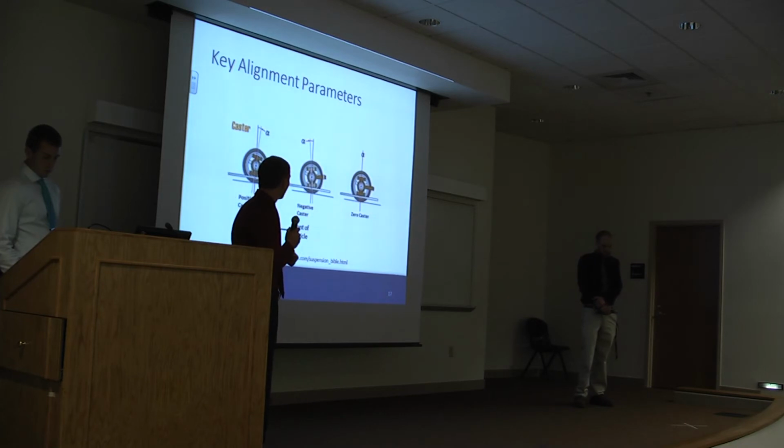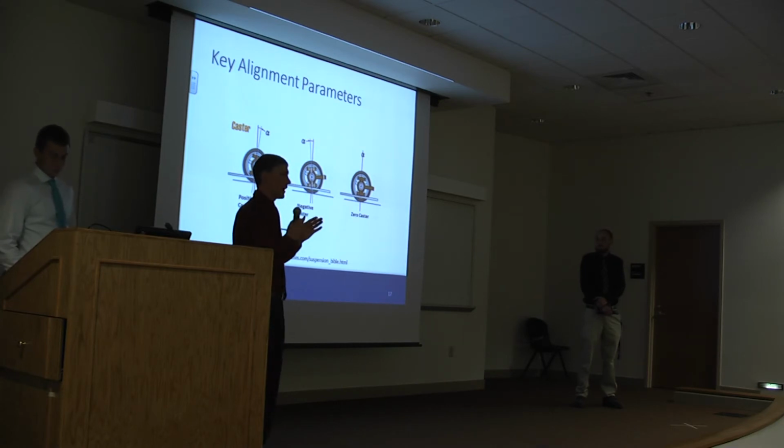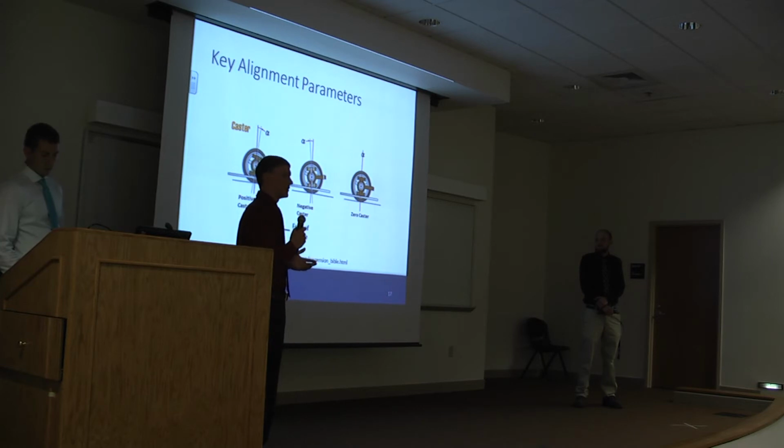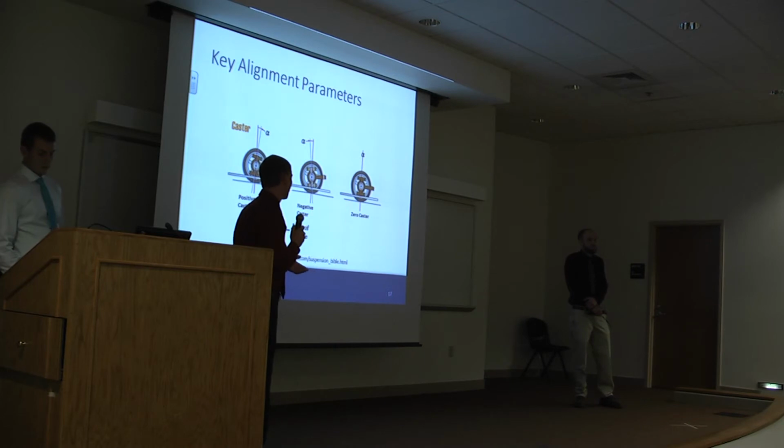Looking at caster, if you look from the vehicle out towards the wheel, you can see the caster, and if the steering axis is tilted towards the rear of the vehicle, it is said to have positive caster. An example of positive caster is a shopping cart at Walmart. What positive caster allows is the front wheels to return to the straight position after making a turn.